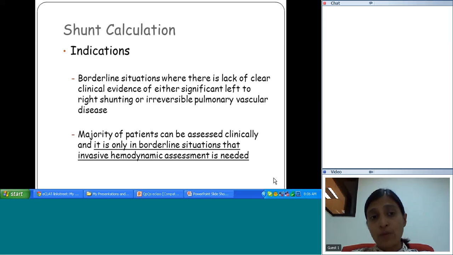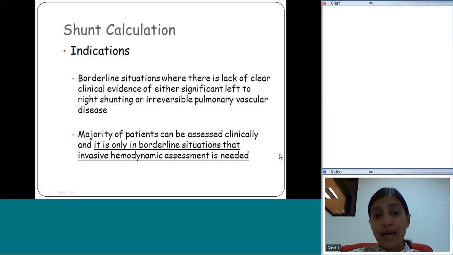These two ends of the spectrum are relatively easier to assess clinically. Now it is the gray zone in between that requires close attention, careful examination and assessment, and perhaps a hemodynamic study. Okay, so this is when you would carry out a hemodynamic study.